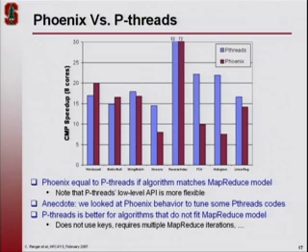Why is the speedup for Phoenix so much higher than P-threads? That's because when we do the Phoenix version of the application, it's mainly because we statically schedule tasks in P-threads.